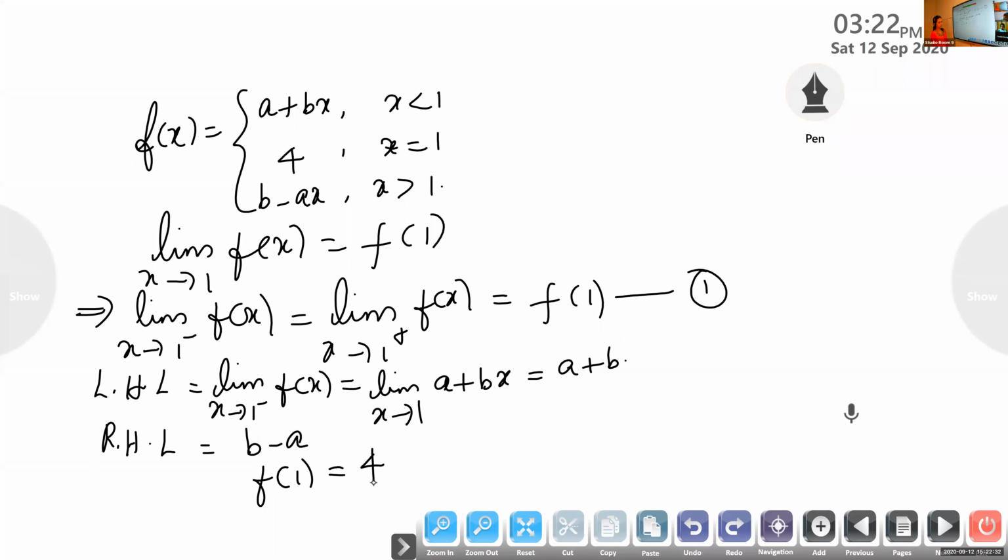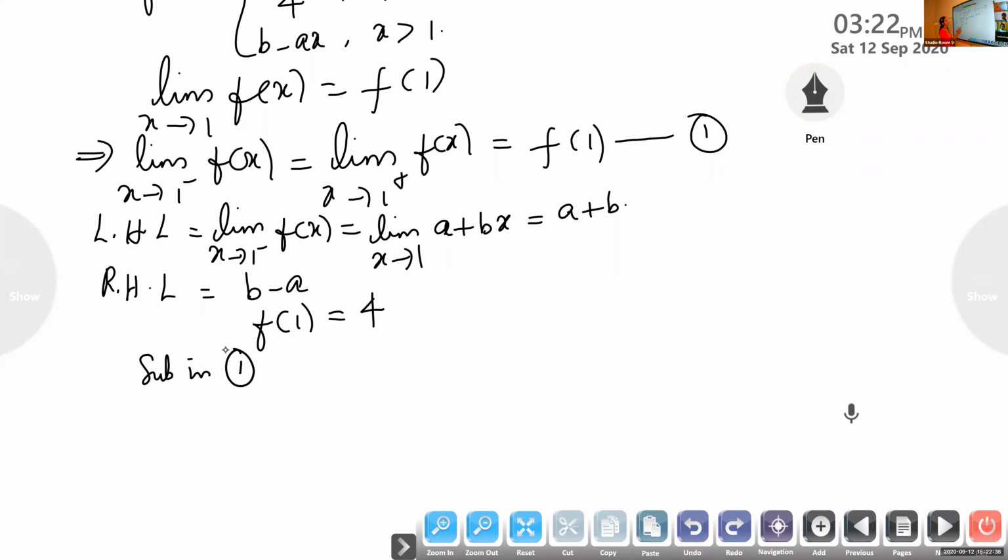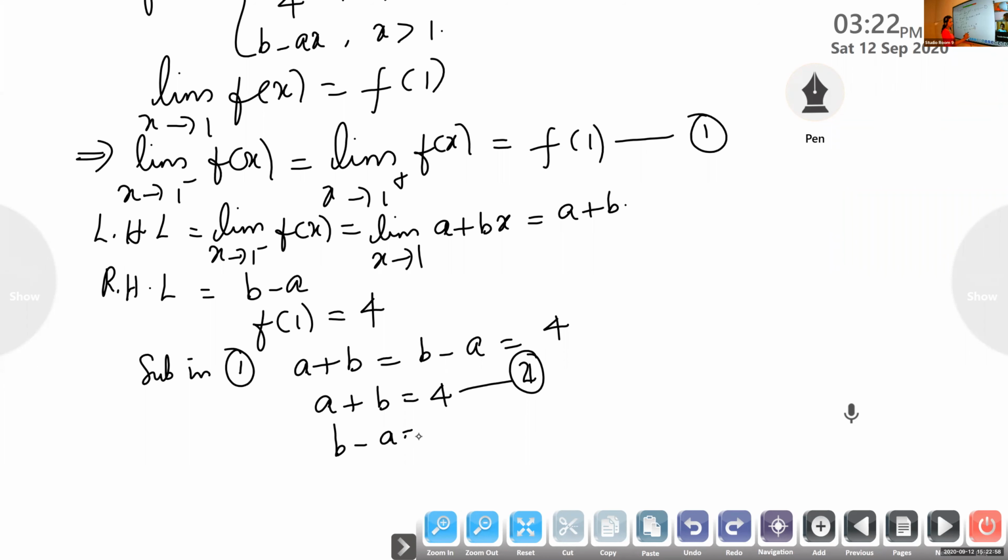So, I am substituting in equation 1. When you substitute this in equation 1, we get left limit a plus b is equal to b minus a is equal to 4. That is, a plus b is equal to 4 is one equation. I am naming this as 2. B minus A is equal to 4 is the second equation.